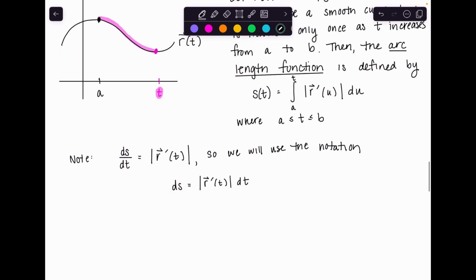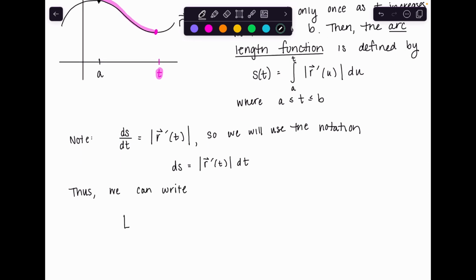Okay. So ultimately, we can write the following. Our arc length is the integral from a to b of the magnitude of r prime of t dt.